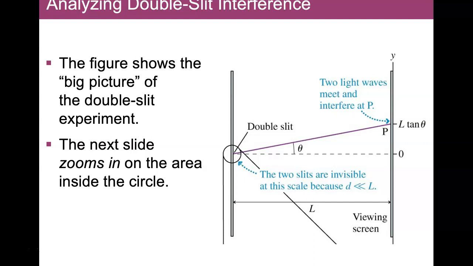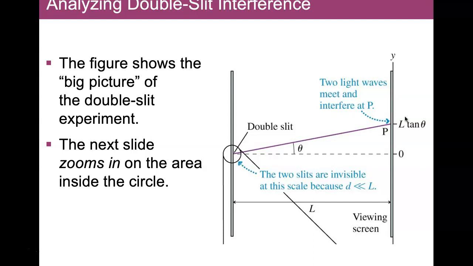So the idea is, if L is really large, much larger than, say, the distance between the sources, the two slits, you zoom out, you look at the setup from a distance, you're not going to see D. It seems basically like if you're looking at some distance over here, the lines connecting the two sources to that point are pretty much parallel.